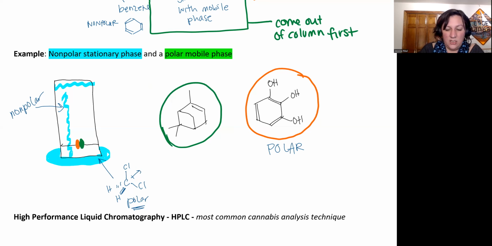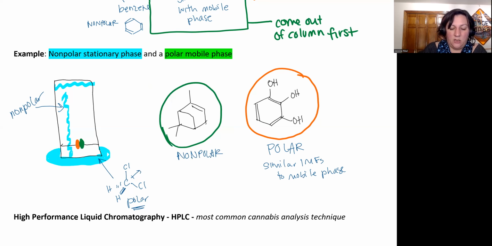And so it's going to have similar IMFs to our mobile phase. And our nonpolar pinene is going to be very similar to our stationary phase. So that means that orange dot is going to travel faster with that mobile phase, and we're going to have the orange dot towards the top this time and the green dot towards the bottom.